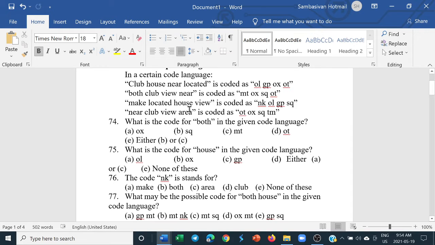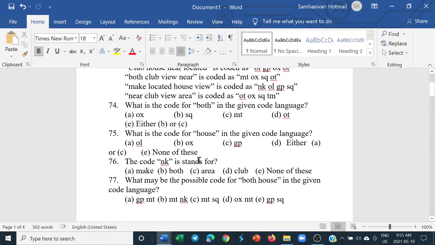So if we eliminate, house is there in all, view is also there in others, located is there in both the places. So then the only one left out will be make. Make is appearing in this sentence only. So whatever code that is not there in other sentences will be the answer.